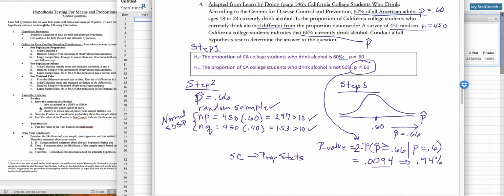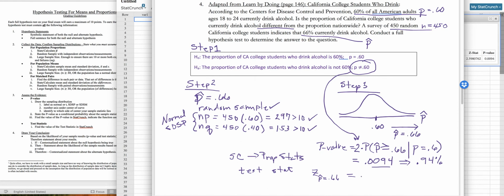The other thing our grading rubric here says that we need to do is find the value of the test statistic. And the test statistic in this case is the z-score of our p-hat value of 0.66. And we got that in our results screen right here.